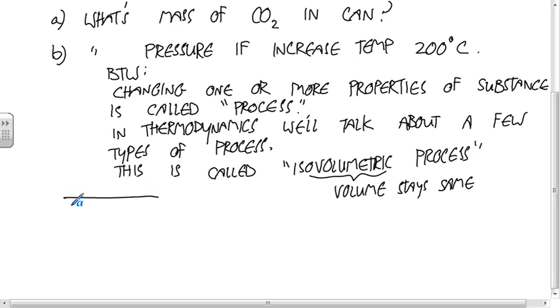Okay, so what do we know? The pressure is 1 atmosphere, which is 1.01 times 10 to the 5th pascals. Remember, pascals are newtons per meter squared, and that's the SI unit for pressure.